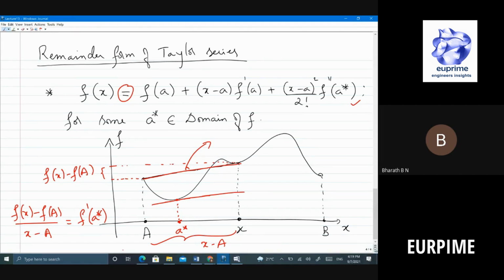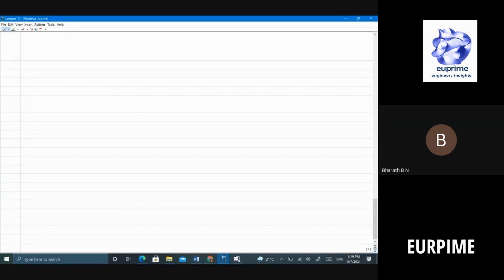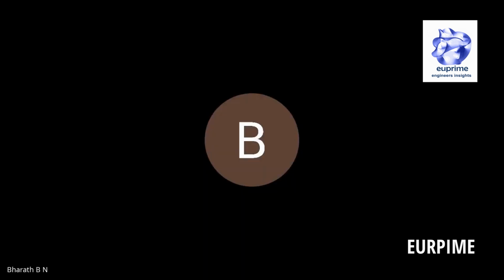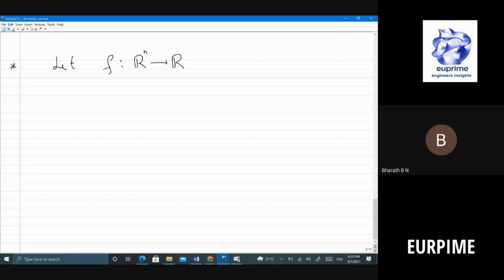So now how do you extend this to, let's say, higher dimension? Can somebody tell me what is f of x? Well, this is true under certain conditions. It's not true for every function. It should be a twice differentiable function. So now what is the remainder form? Let's say f of x for every x in Rn.